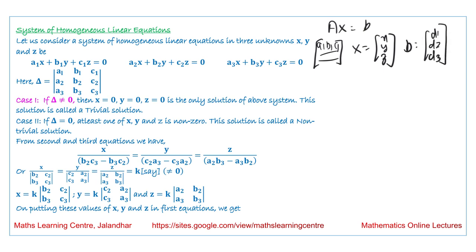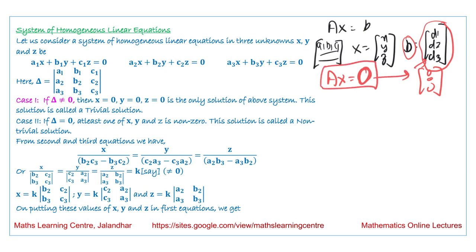Now if all these entries of B are 0, the system of equations becomes Ax is equal to 0, where this is the 0 matrix. This kind of system, in which matrix B is the 0 matrix, is called a homogeneous linear system. Homogeneous linear system means that the constants in the equations are 0.